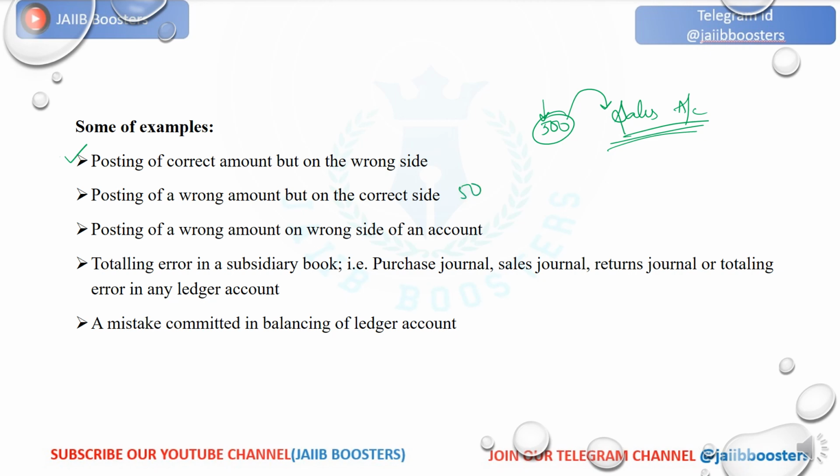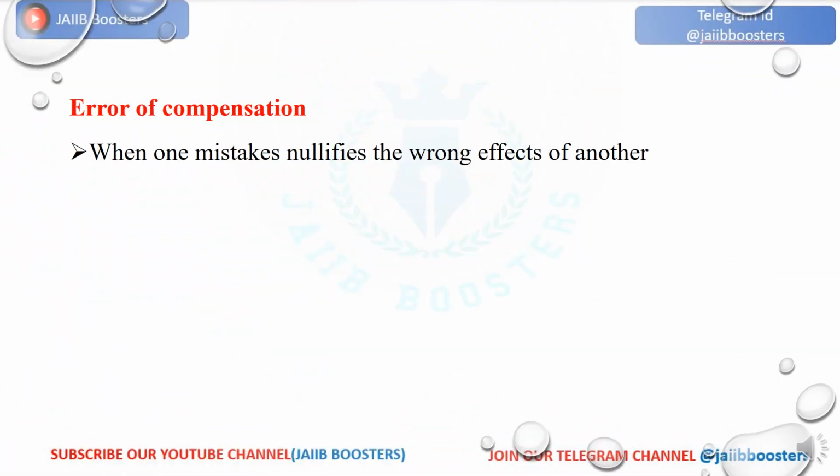Like I have said before, we debited 50 instead of 500 rupees. That is an error of commission. Next, posting of a wrong amount on the wrong side of an account. Totaling error in a subsidiary book, that is purchase journal, sales journal, returns journal, or totaling error in any ledger account. Okay, hope you understand this. A mistake committed in balancing of a ledger account is also an error of commission. Okay, let's move on to the next one.